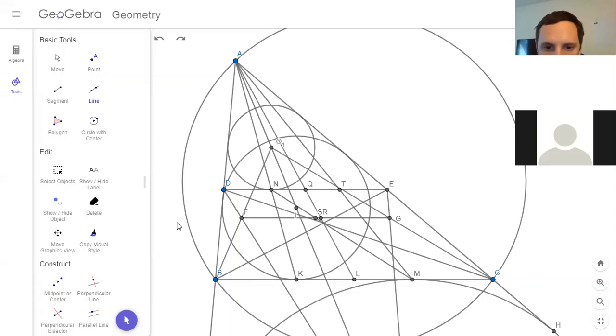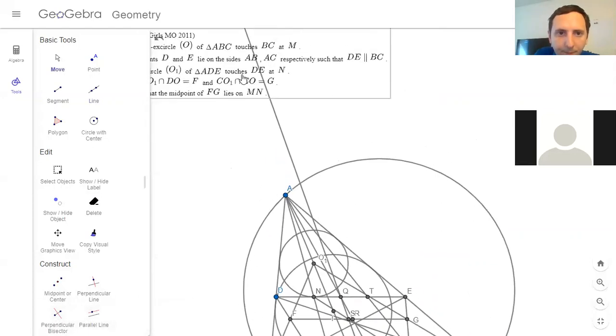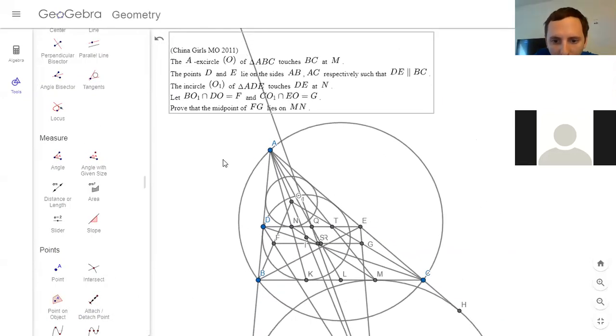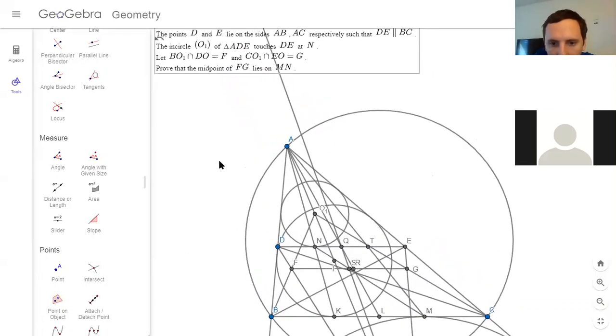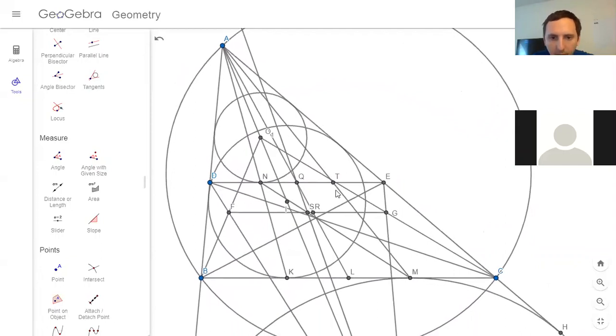This is hard. Let me draw AS. So we want to show QS passes through the excenter, right? Yeah, we want to show that QS passes through the excenter. Can we use homothety somehow?